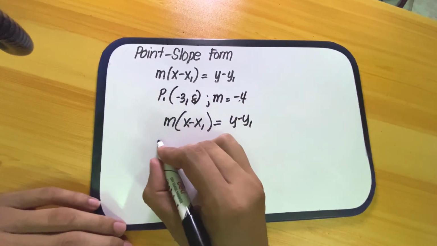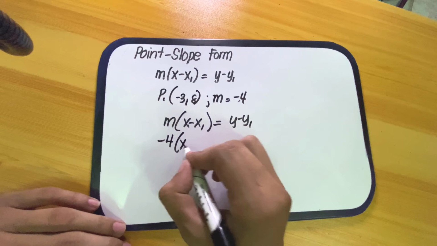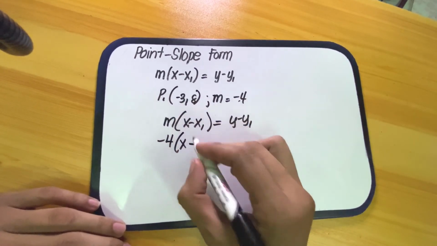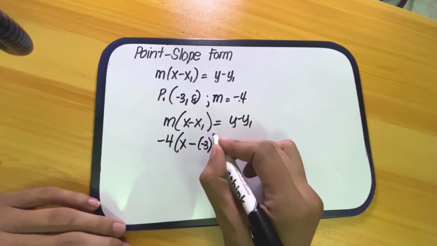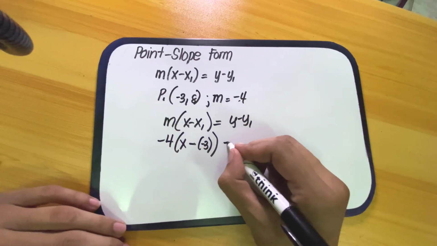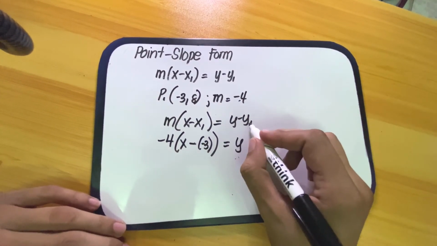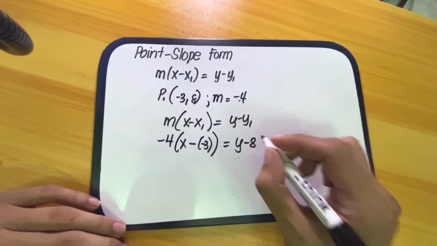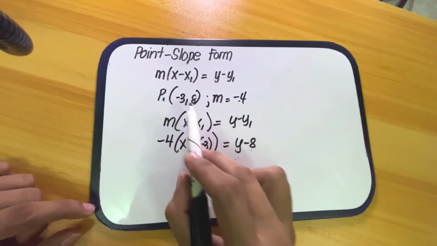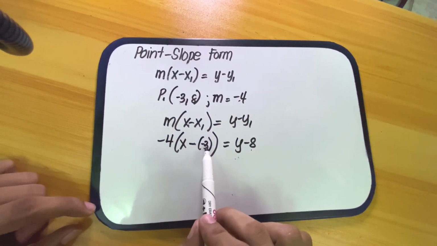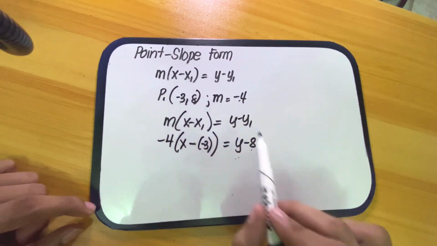So your m is negative 4 times x. Your x sub 1 is negative 3. Okay, equals y minus y sub 1 is 8. So again, don't interchange the two. Okay, so this is your x sub 1 right here, your y sub 1 right here.